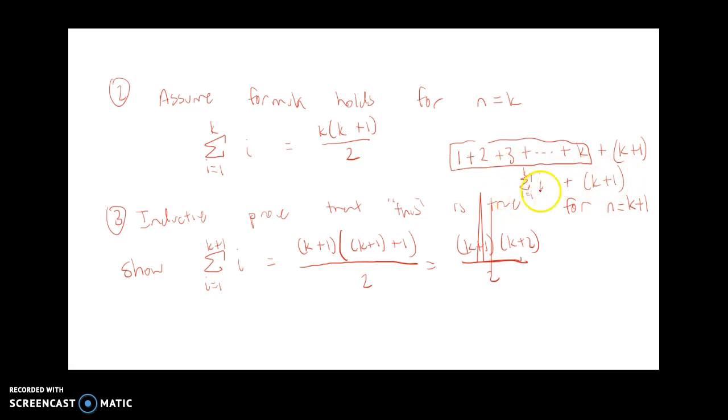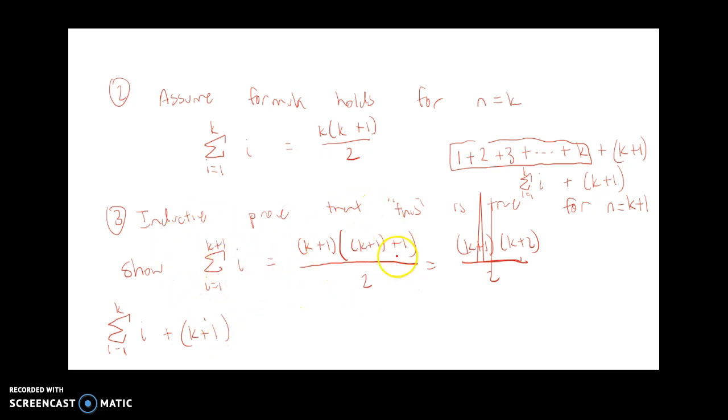The reason I did that is because I want my formula to be in terms of what I already know. So if I split this up into the sum from i equals 1 to k of i, and I add to that k plus 1, that gives me the same thing as that right there.